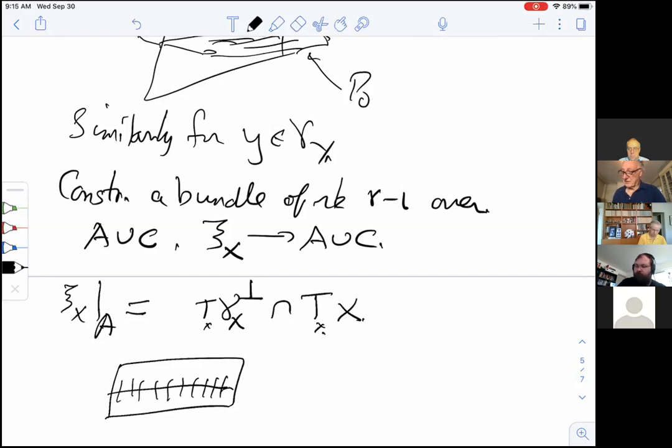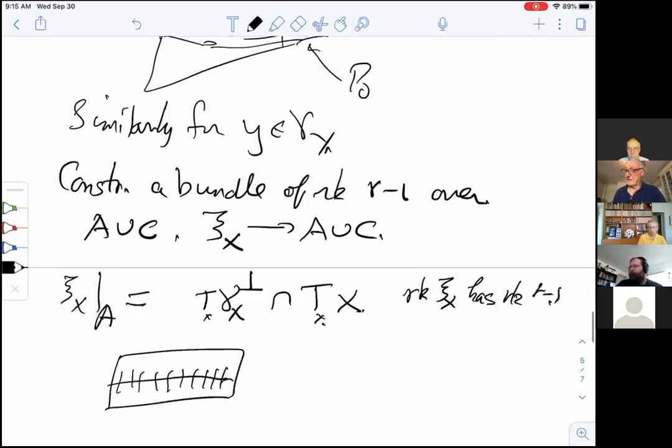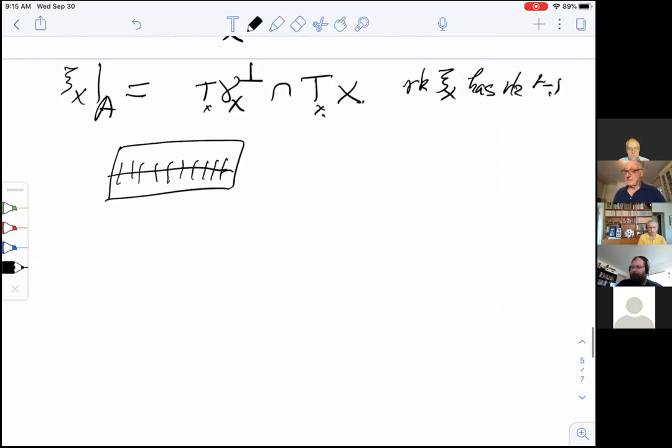Gamma X is a one-dimensional subbundle. I'm taking the complement, so this bundle over A has rank R minus 1. That's what I do over A.